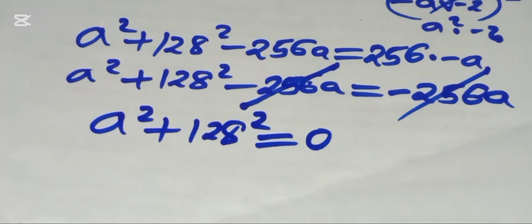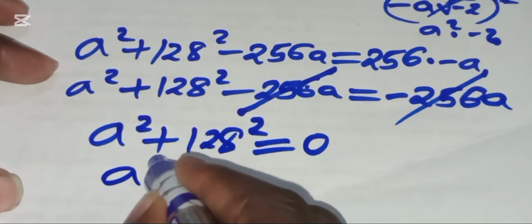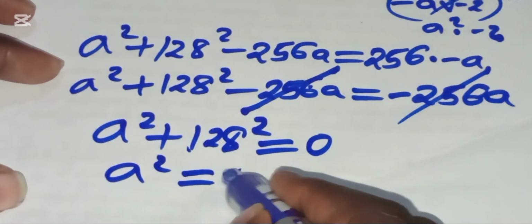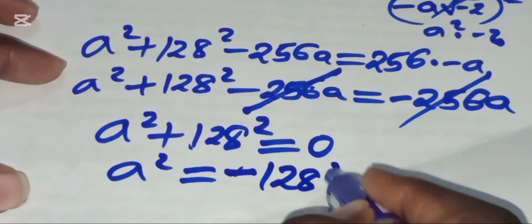Now a squared is equal to, we take 128 squared to the other side, so it will be negative 128 squared.